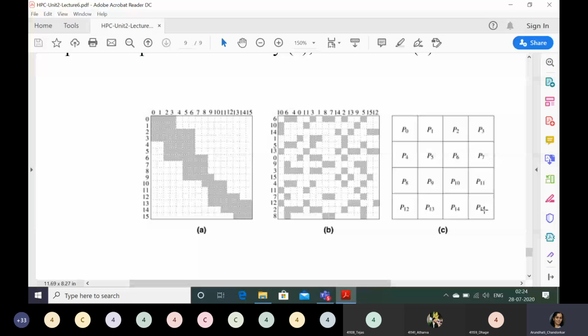That is how the problem is solved using randomization: first randomize, or apply random permutation, and then apply your normal mapping technique. This is your randomized block distribution. Again you can go by one dimensional or by two dimensional. I hope it is clear, students.